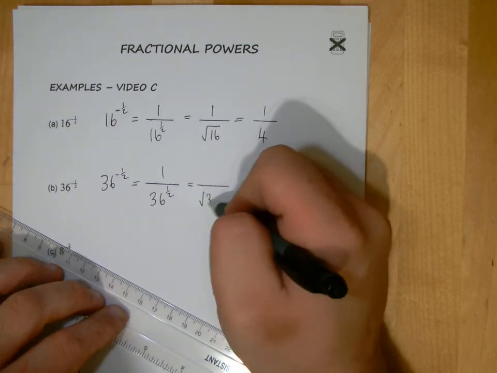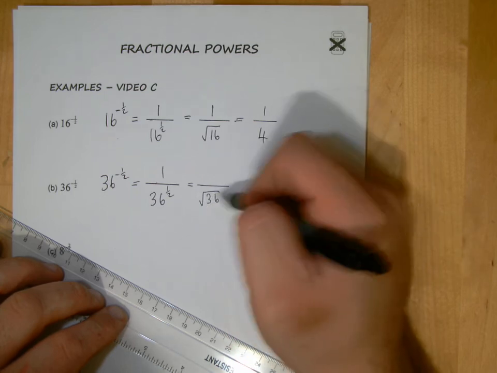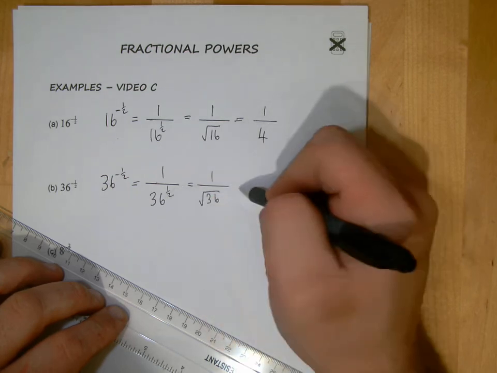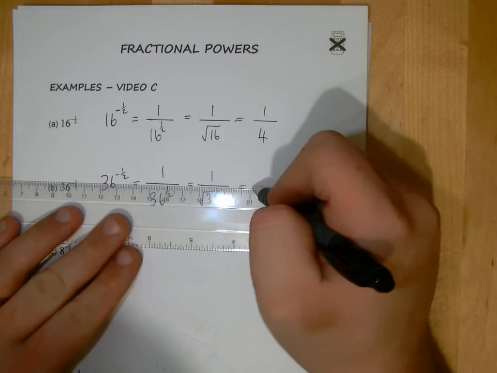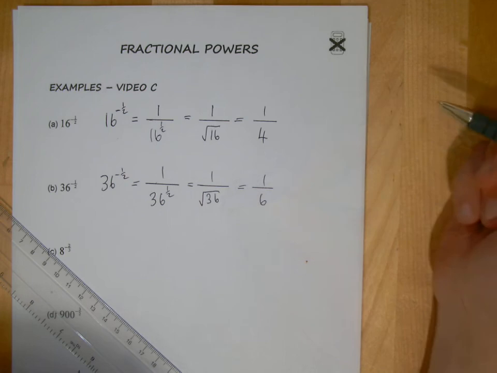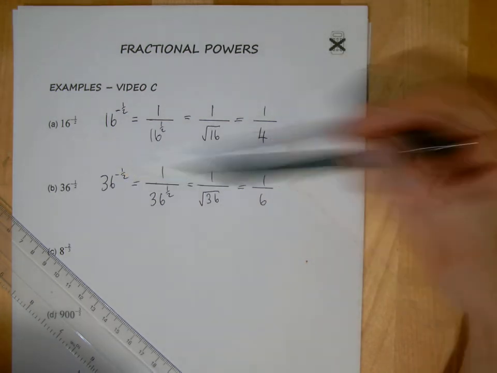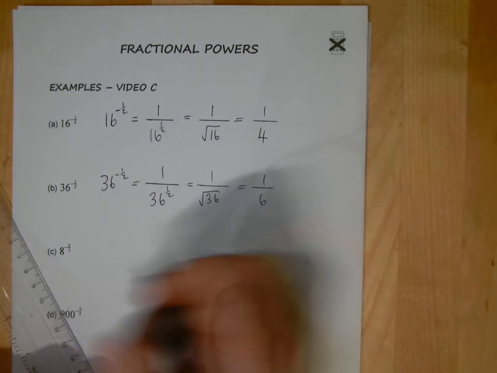We saw that in the first video today. So the square root of 36 is 6, because 6 times 6 is 36. So 36 to the power negative half is equal to 1/6.